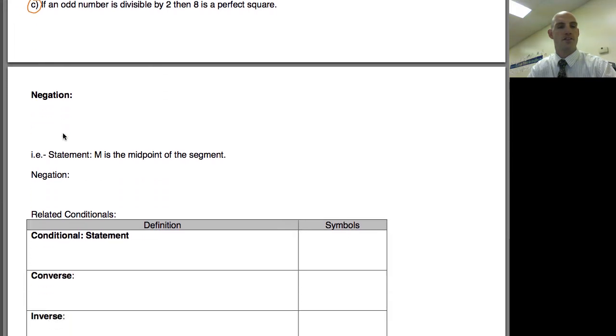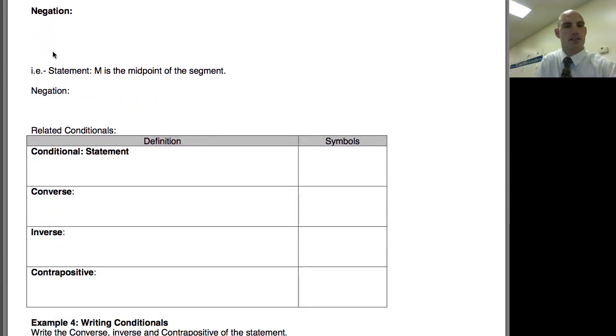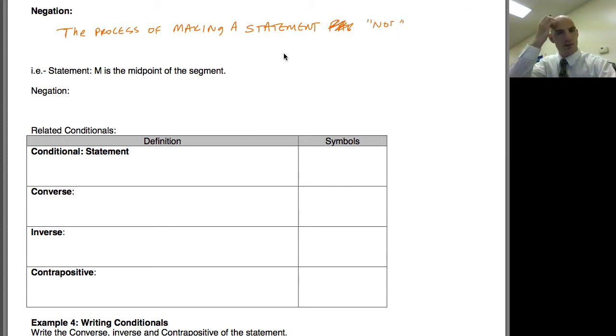Let's talk about negation. Negation is the process of making something a statement, not. It's easiest to show you how it works.